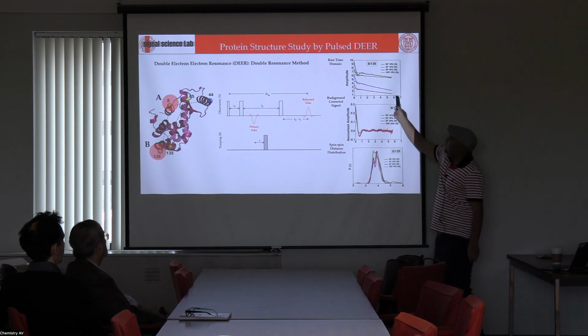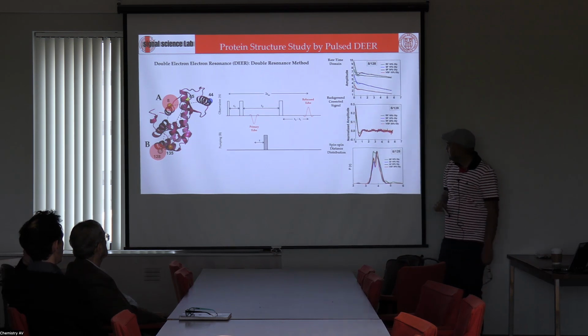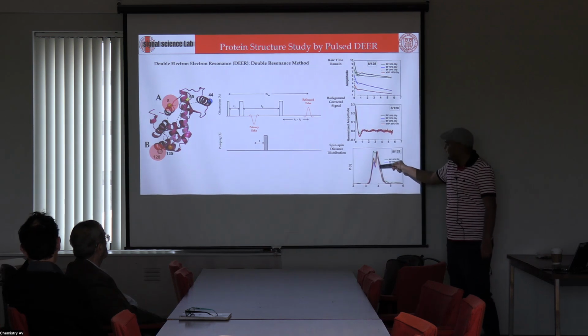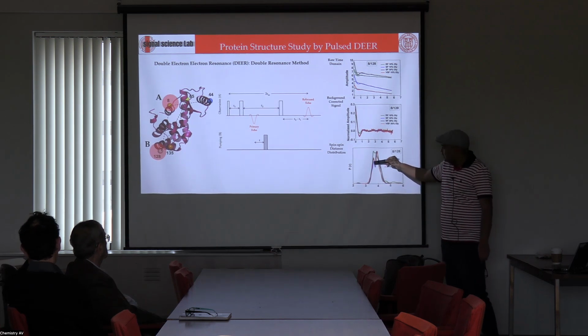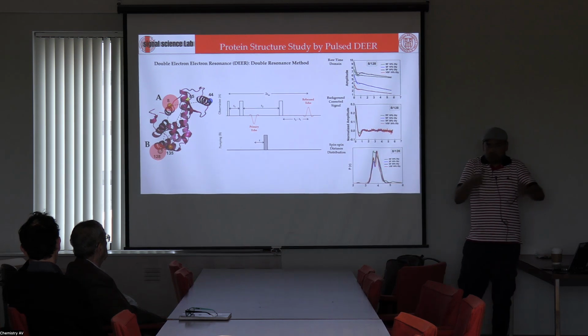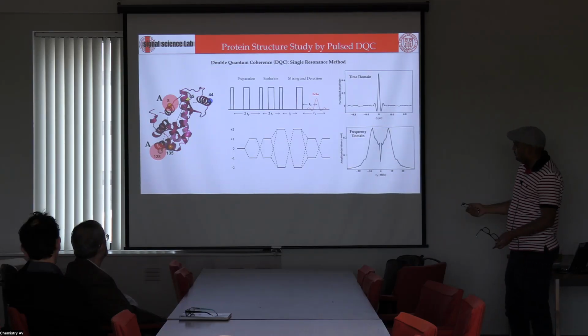So you get a background and the interaction between the two molecules, which looks like this. And now you have to generate a distance distribution, which says that I have two conformations with this mean and some variation. They move in a particular way. And this is double quantum coherence, another pulse sequence in pulse dipolar ESR.